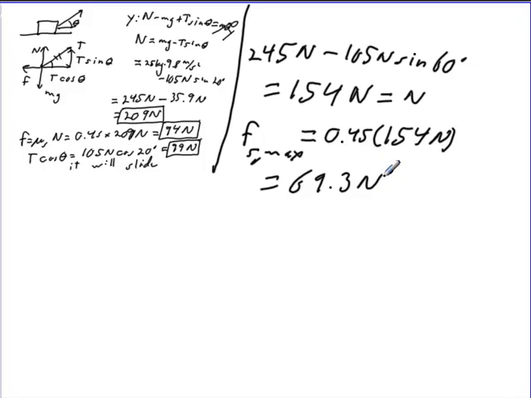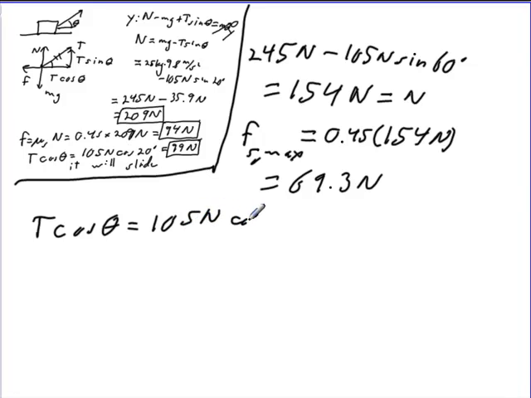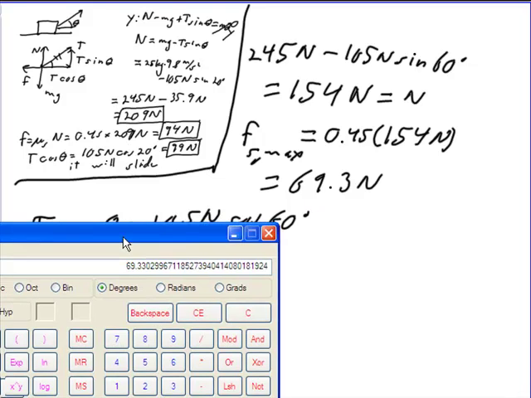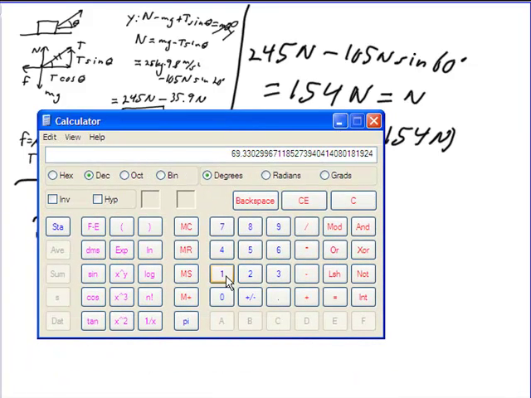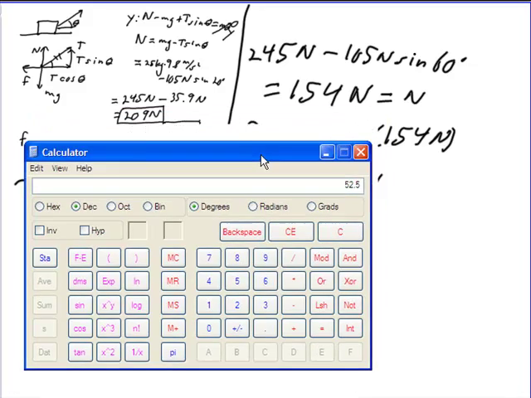Now, we also have to check the tension force that we have. So the tension force we have in this case, T cosine theta, is equal to 105 newtons times the cosine of 60 degrees. Well, look at that.